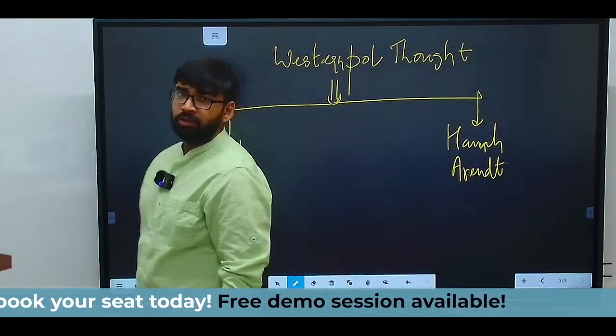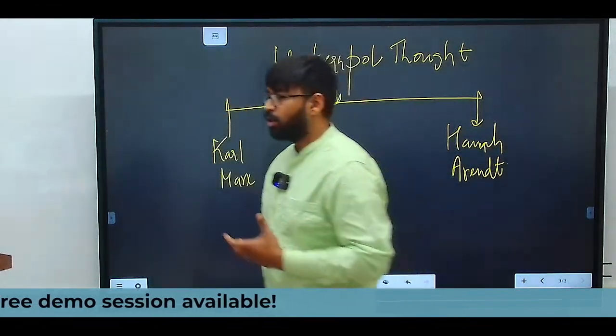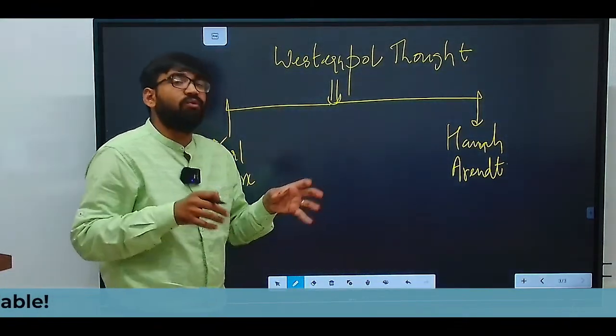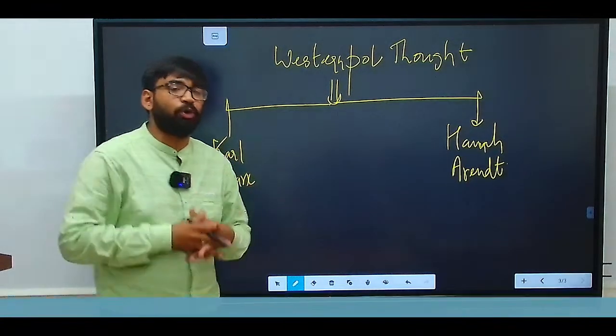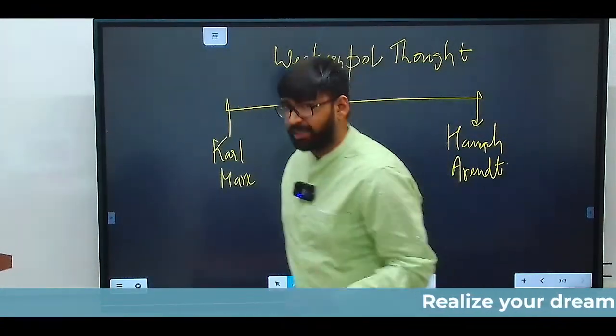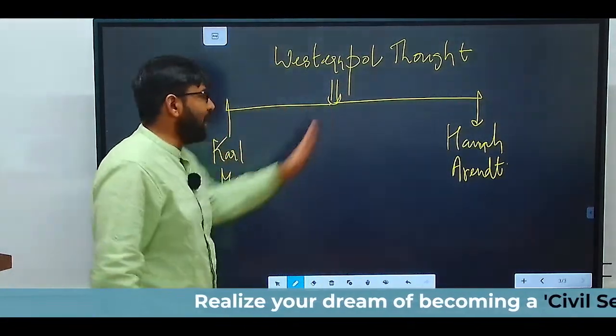Clear? So Karl Marx, who is also called the prophet of socialism. Okay, now these scholars are very important from the examination point of view. If you go through previous year questions, you will find that UPSC asks questions every year from Karl Marx and Hannah Arendt.